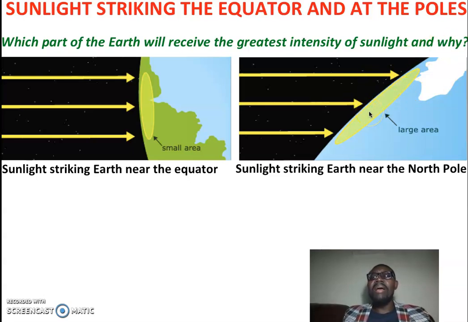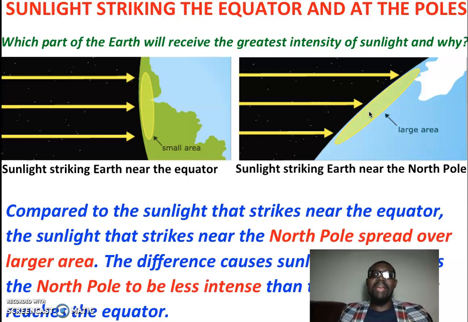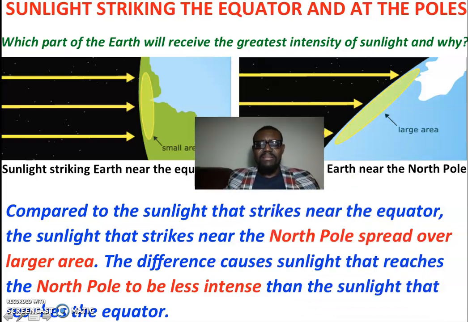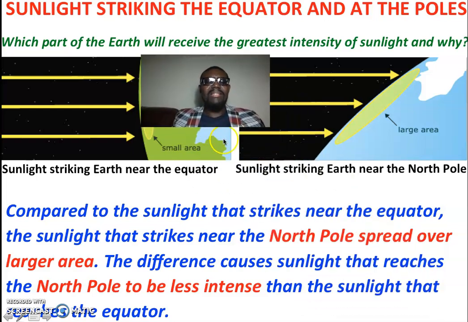And remember that the amount of sunlight reaching an area is what determines the air temperature. So compared to the sunlight that strikes near the equator, the sunlight that strikes near the pole is spread over a large area. The difference causes sunlight that reaches the North Pole to be less intense than the sunlight that reaches the equator.